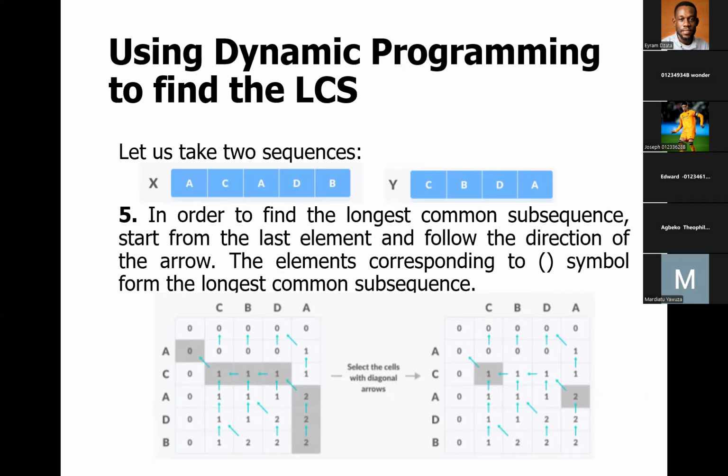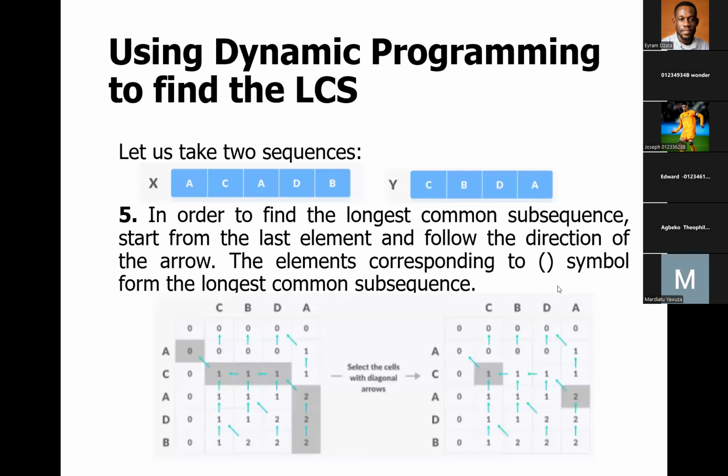Now, in our backtracking, it says, in order to find the longest common sequence, start from the last element and follow the direction of the arrow. Now, the last element corresponding to the bracket symbol forms the longest common sequence.